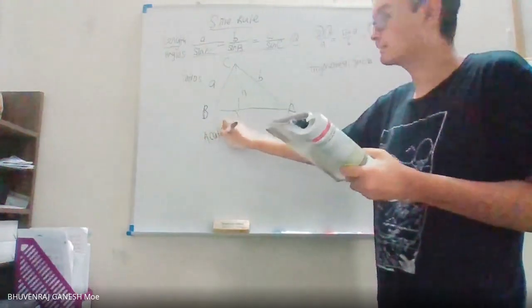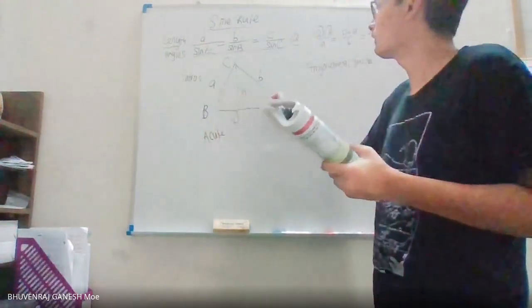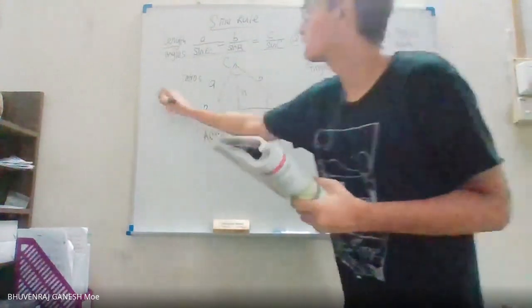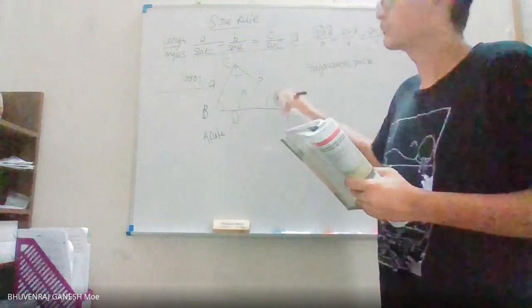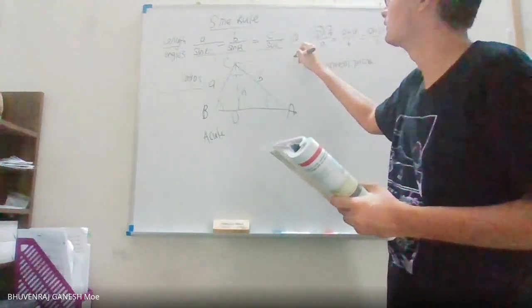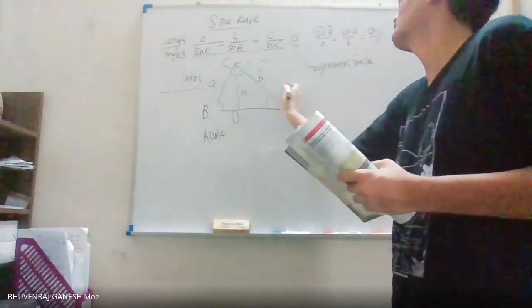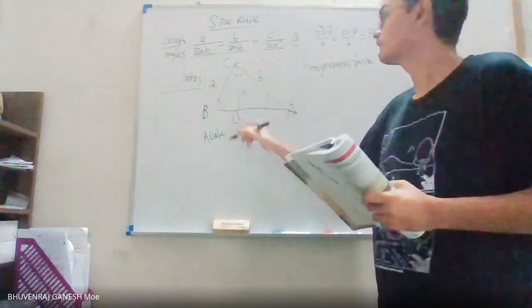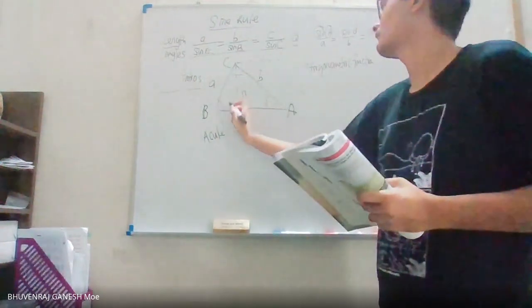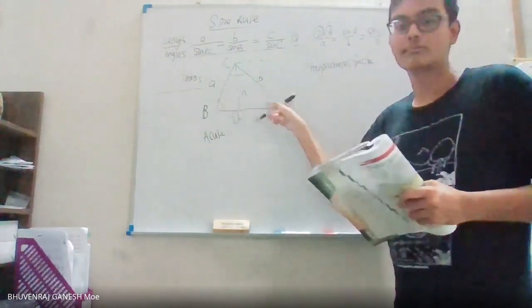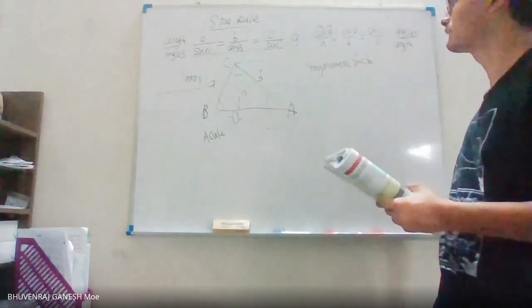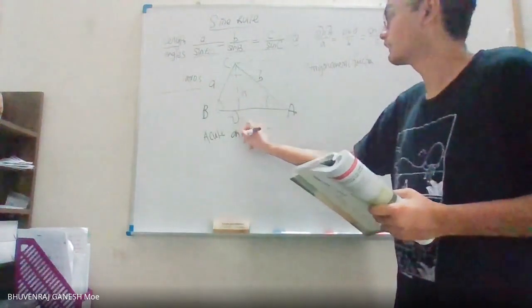The angles look quite small. 90 degrees should come around like this. Here the angle is bent a bit down. If you want to make a 90 degree here, it should come down a bit. So every angle is not exactly 90 degrees. That's why they call it an acute angle triangle.